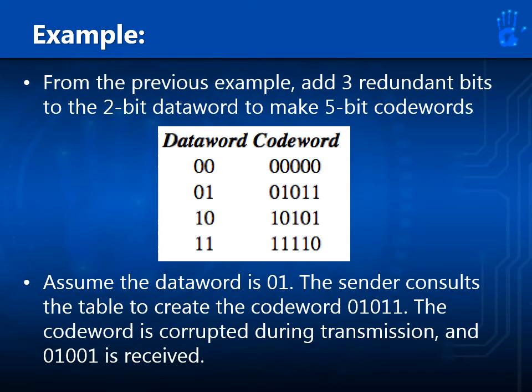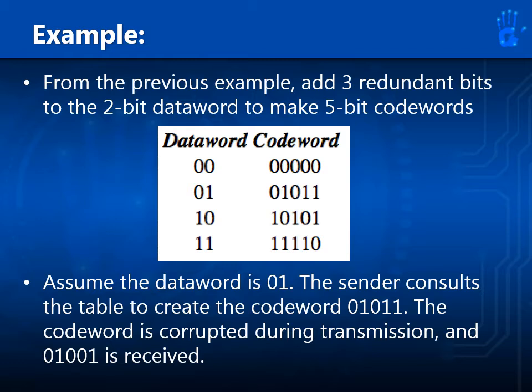Another example, from the previous example, add 3 redundant bits to the 2-bit data word to make it a 5-bit code word. The table shows the possible data words and possible code words corresponding to each data word. Assume the data word is 01.